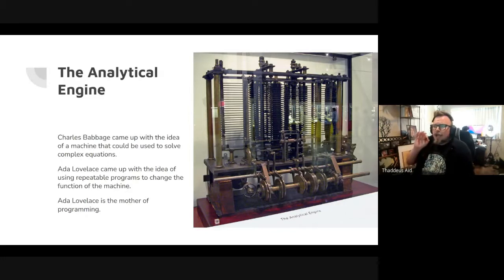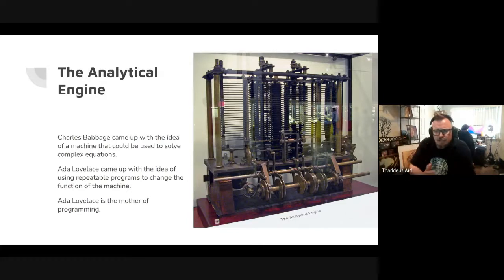I believe that she managed to program in a system to produce the Fibonacci sequence on the analytical engine. And this is important because this was not considered to be possible, that you could take a short set of instructions, give it to a machine, and produce an ever expanding correct output.